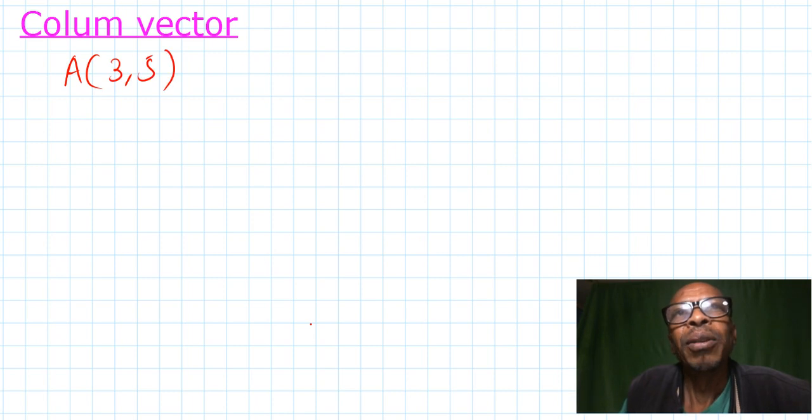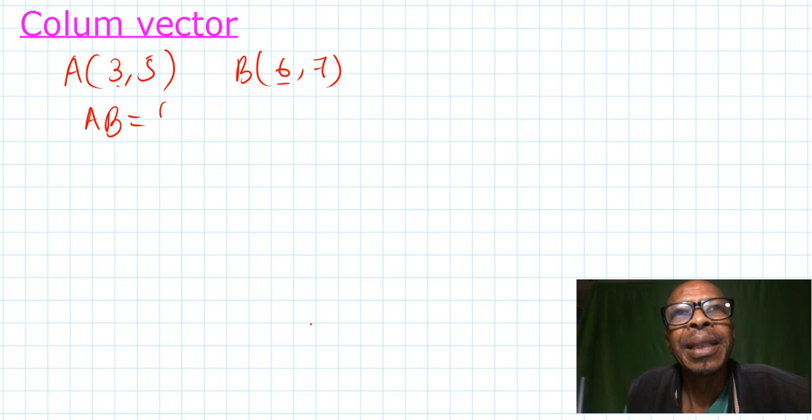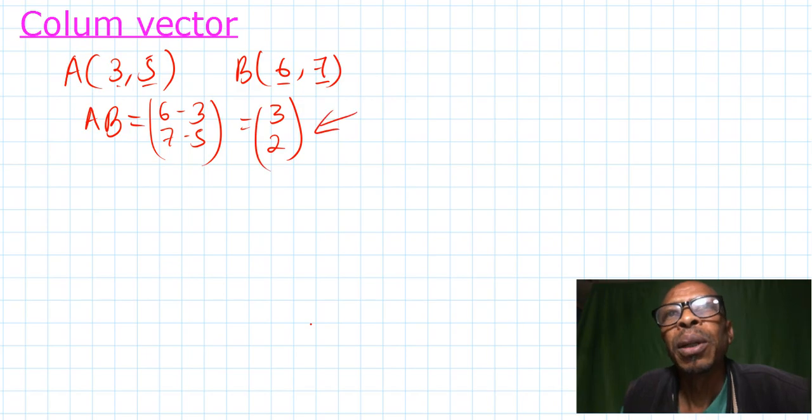The coordinates of B are 6, 7. So you can get the vector AB is equal to, you take 6 minus 3, and you take 7 minus 5. That will give you what? 3, 2. So this is what we call a column vector.